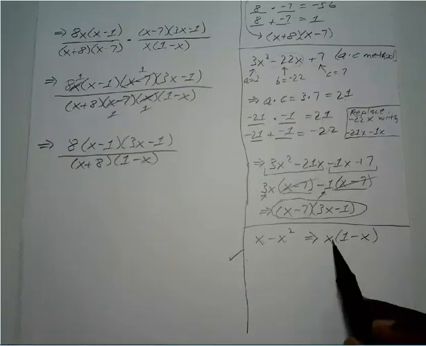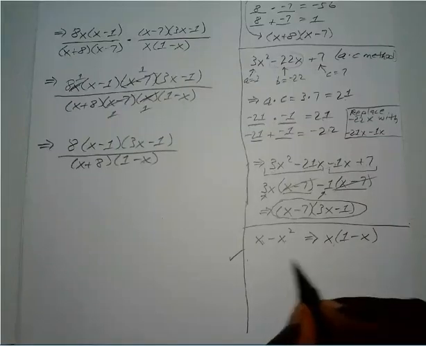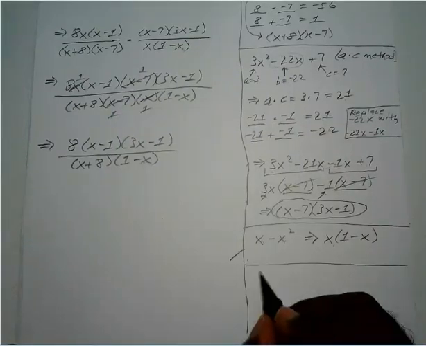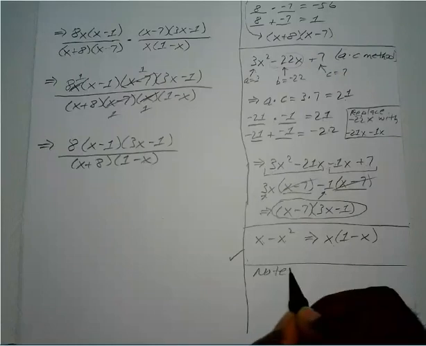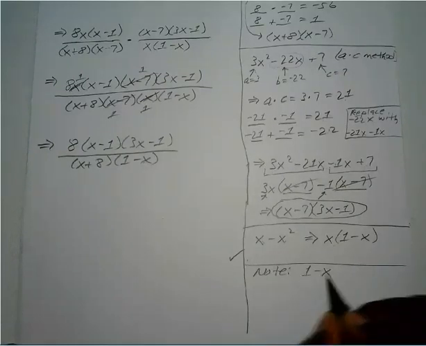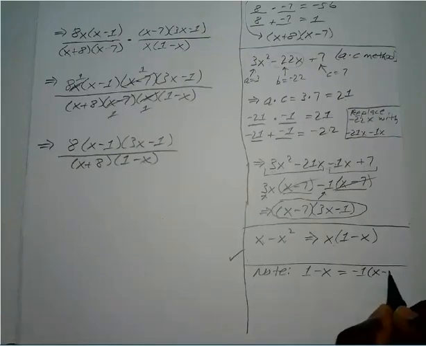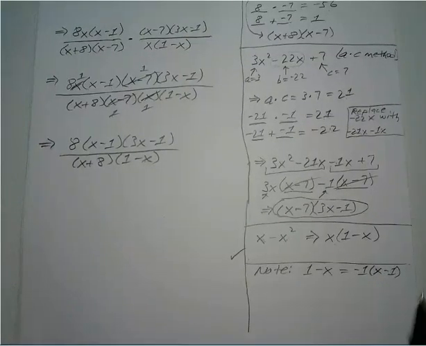I'm just going to put that as a note: 1 minus x is the same as negative 1 times x minus 1. That part, you can actually flip.